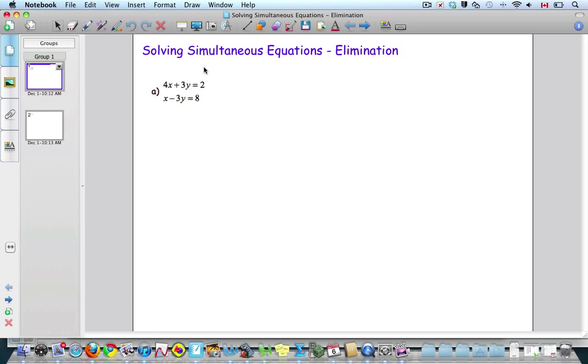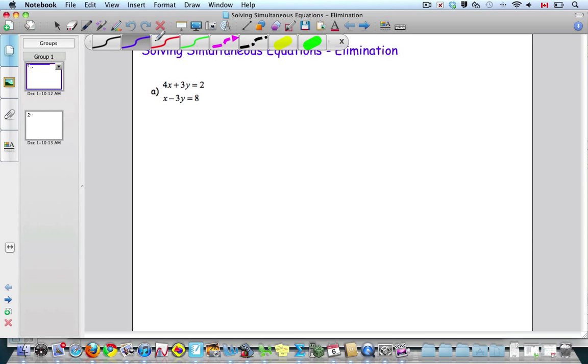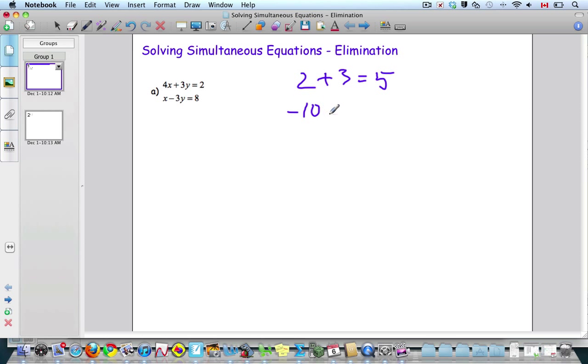Now, one of the cool things about solving simultaneous equations is if I have two equations that are true. So if I say something like 2 plus 3, I know that equals 5. And if I have something like negative 10 minus 2, I know that equals negative 12.